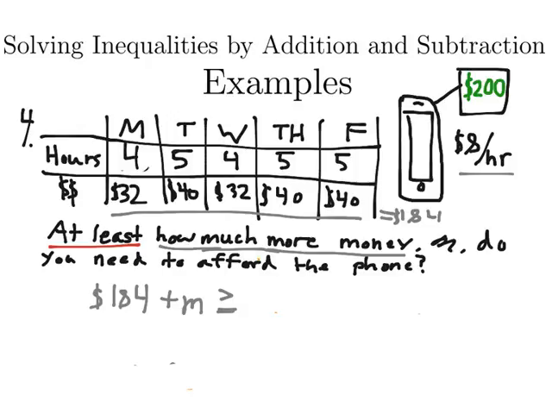So at the very minimum, we're exactly equal to this value. Otherwise, we're more than that value. So at the very least, it's some value. In this case, it's the cost of the phone, which is $200.